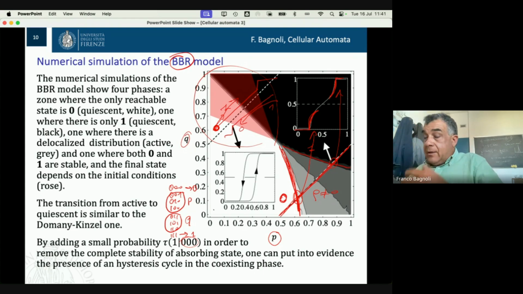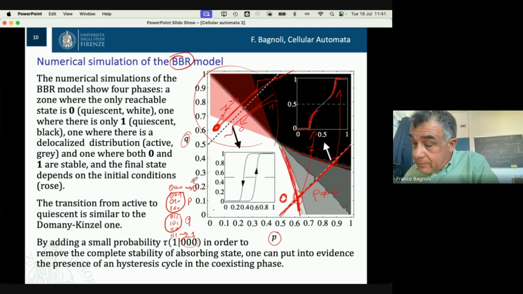This is what I would like to observe, but actually you are not observing this, because if you start from 0, you always stay in 0 because it is an absorbing state, even though it is unstable.